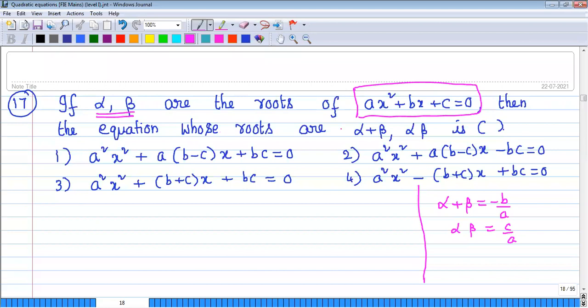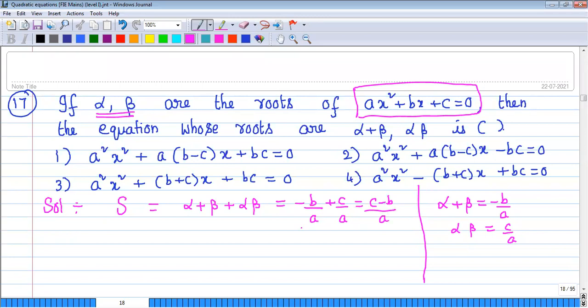Now the sum of the roots of the new equation is alpha plus beta plus alpha beta, that is minus b upon a plus c upon a, that will be c minus b upon a. So the sum of the roots has been obtained.